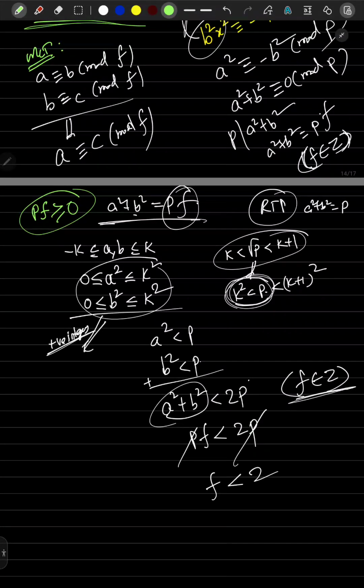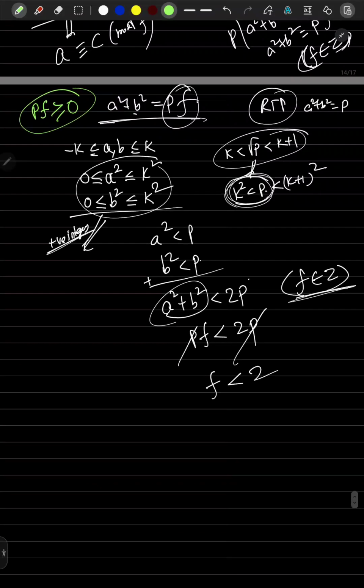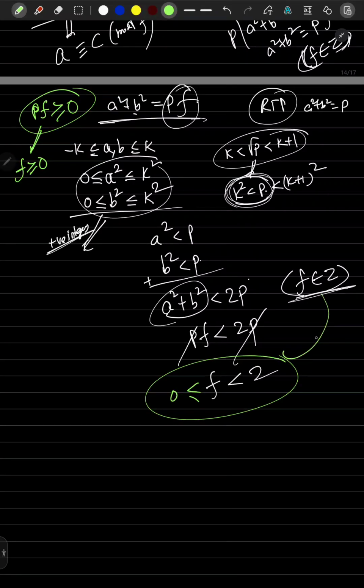Since p is a prime number, I can divide both sides, so f is greater than or equal to 0. So f lies between 0 and 2, in Z. Now what are the possible values of f? 0 and 1. That's it.